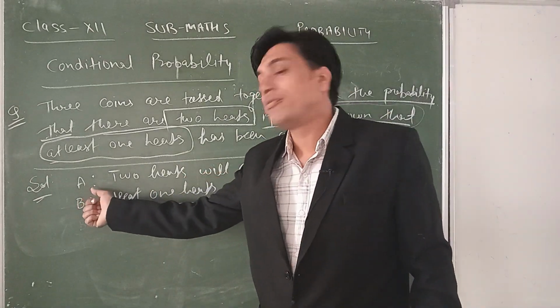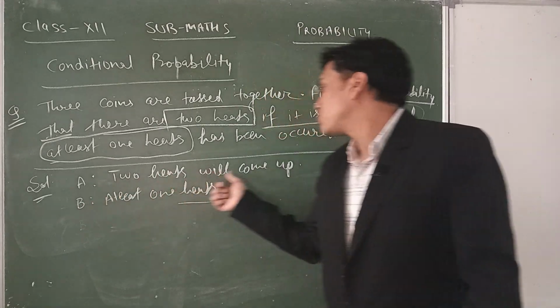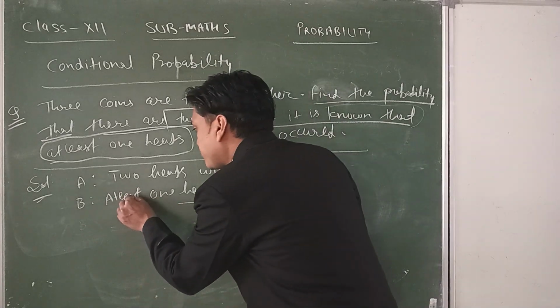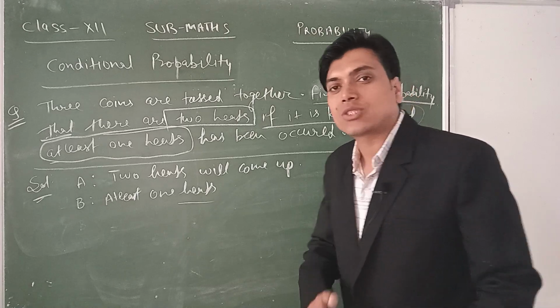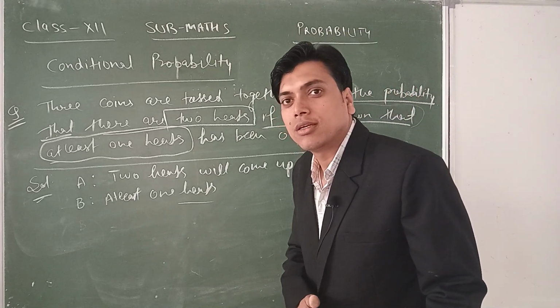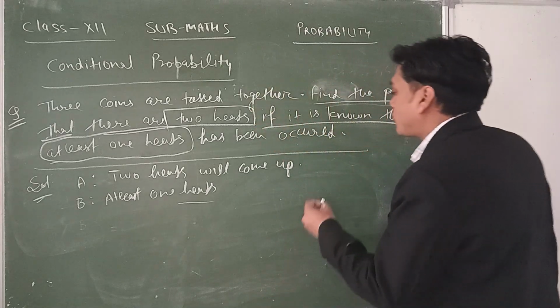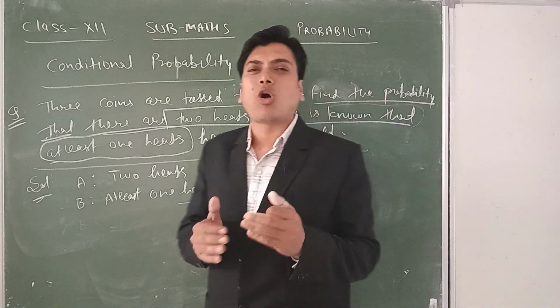So we have the two events, event A and event B. Event A is that two heads will come up, and event B is at least one head. First of all, we will write down the sample space. These are some basic common questions.